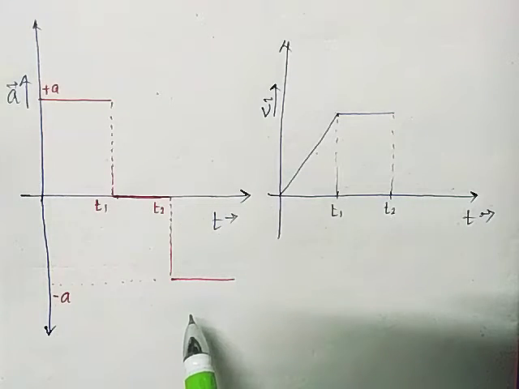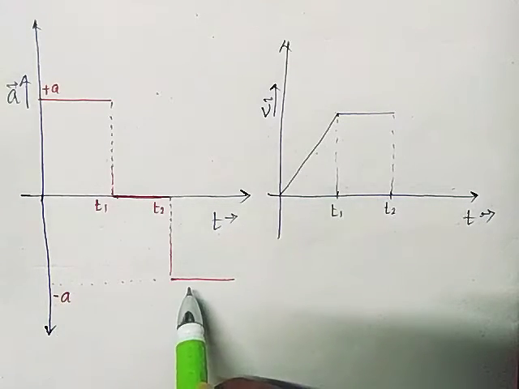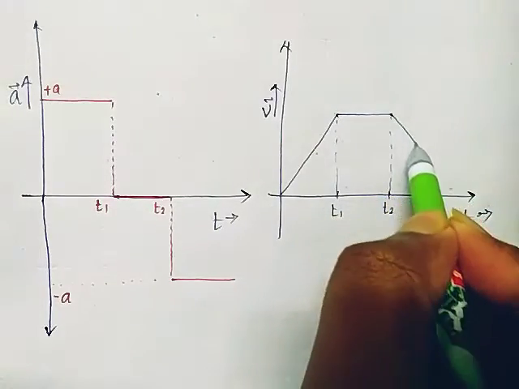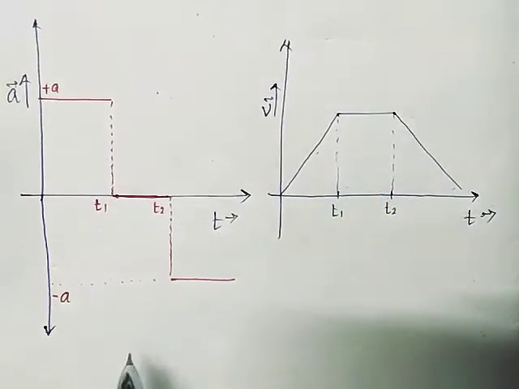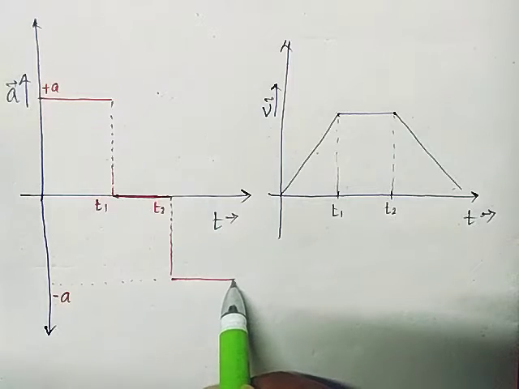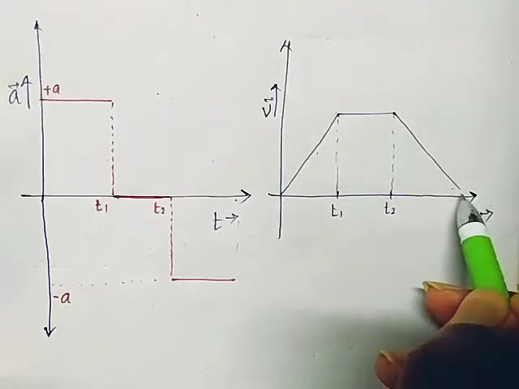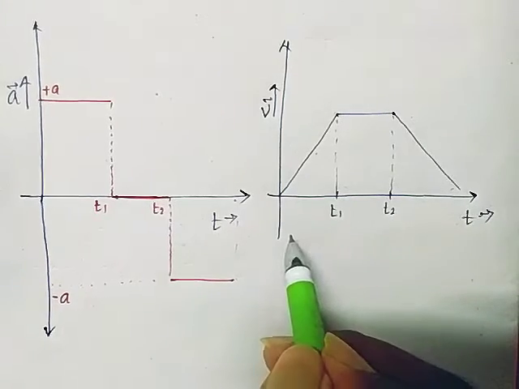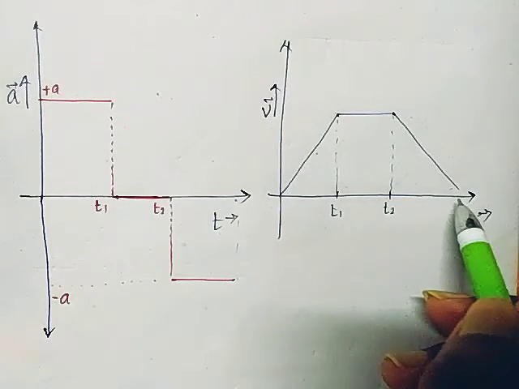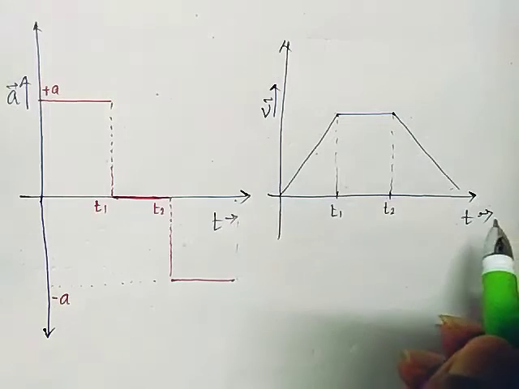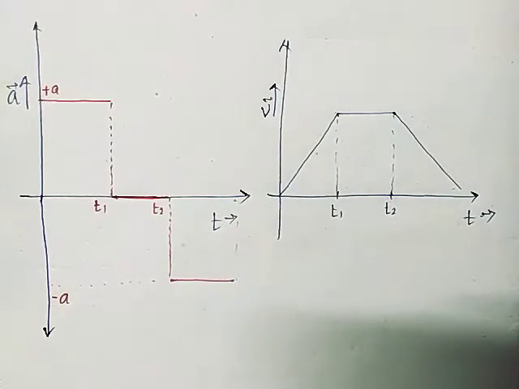So it is now a retardation, and the velocity will not increase, it will decrease. Since no interval is given for when it becomes 0 again, we cannot show any interval there. We can say the velocity becomes 0 again at an infinite distance, but it is something like this.